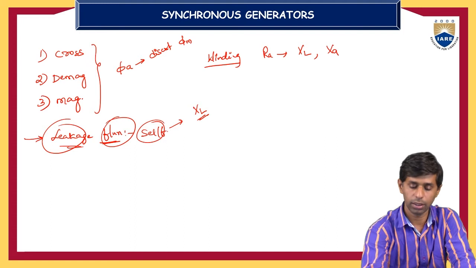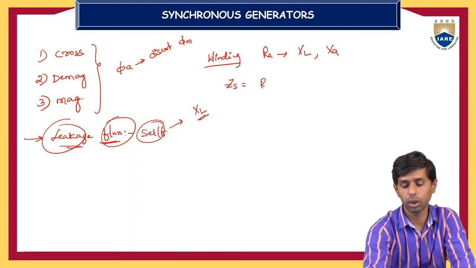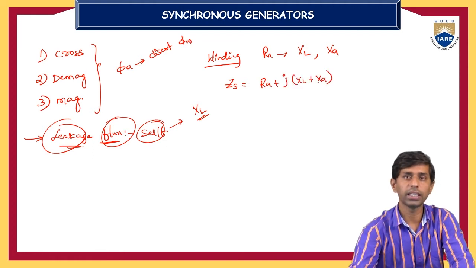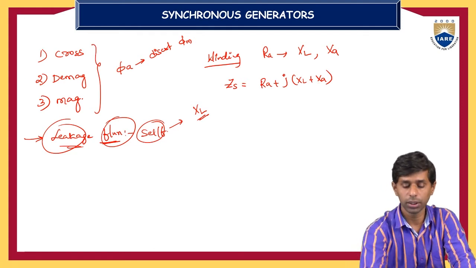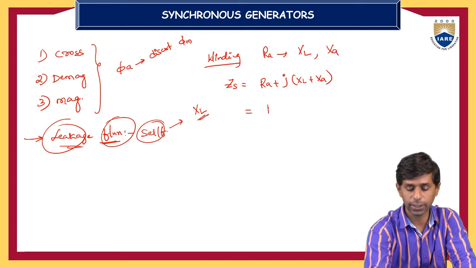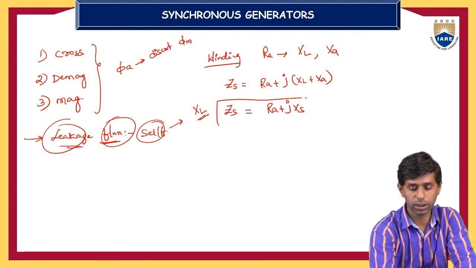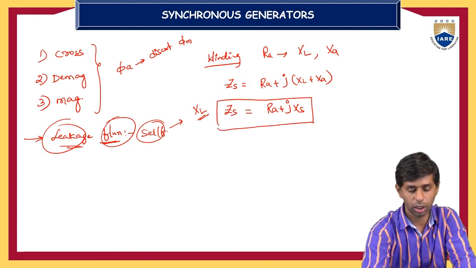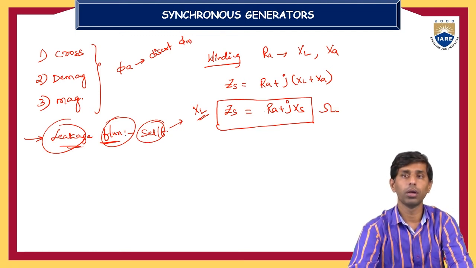Now the synchronous impedance of the alternator is equal to RA plus j times (XL plus XA), that is, the drop due to leakage reactance plus the drop due to the armature reaction effect. Combining these effects, we can write RA plus jXS, which is the synchronous impedance of the alternator in ohms.